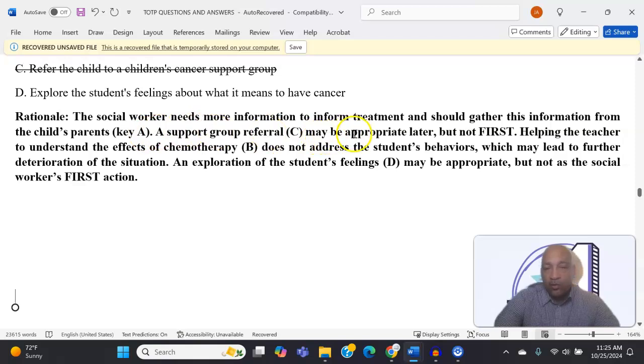A support group referral may be appropriate later, but not first. Helping the teacher understand the effects does not address the student's behaviors, which may lead to further deterioration of the situation. An exploration of the student's feelings may be appropriate, but not as the social worker's first action.